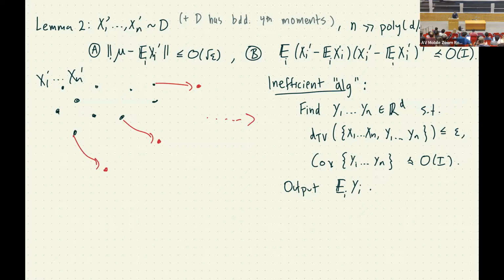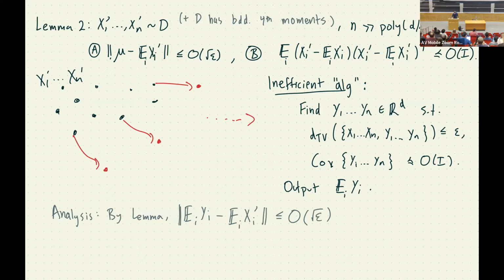But by our lemma, in the analysis, the mean of the y's minus the mean of the good samples, these are two sets that have bounded covariance and total variation distance at most 2 epsilon by triangle inequality, is at most O of root epsilon.